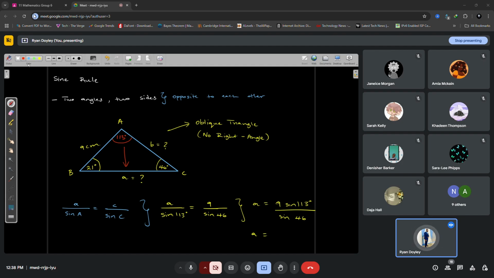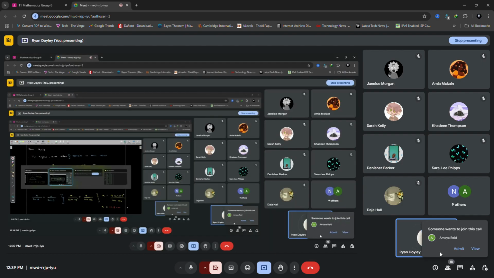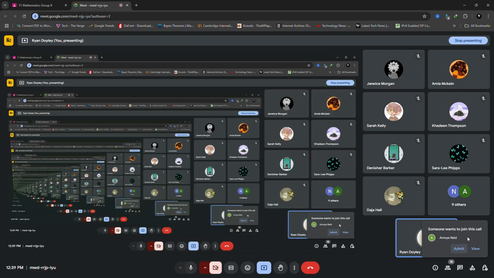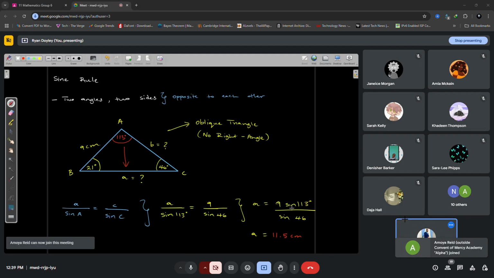Because I see some answers from the interactive worksheet I sent. Everybody answer read out. Just a few got the questions correct. When you round it off to one decimal place, can anyone else confirm this 11.5 centimeters?